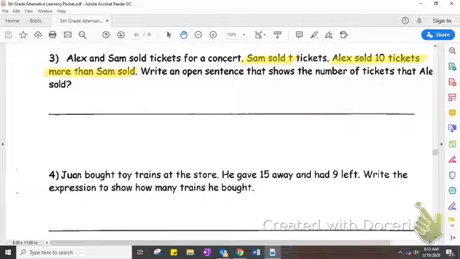All right. I'm going to draw a bar model to show how much each boy sold. Looking at the problem, I can see that Alex sold more than Sam. So I'm going to make a bar model for Alex that's bigger.